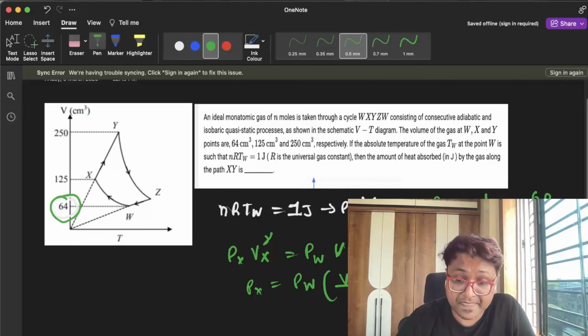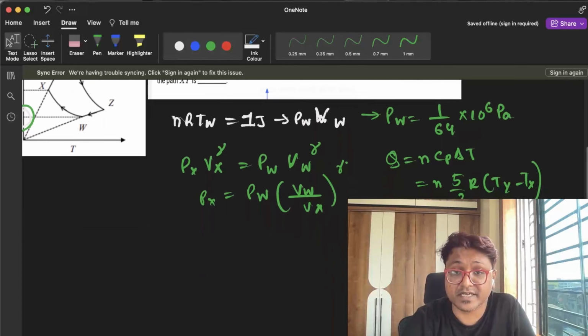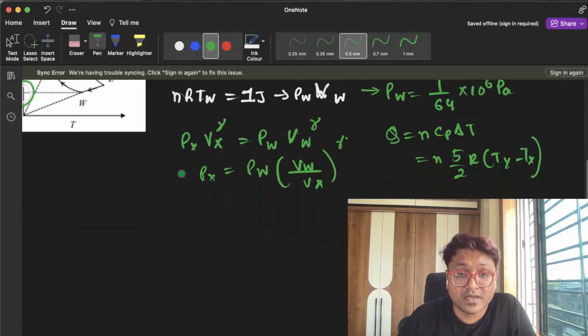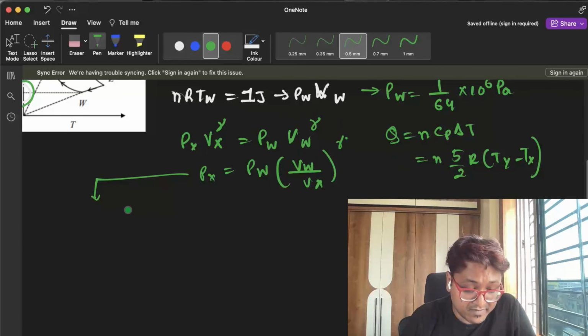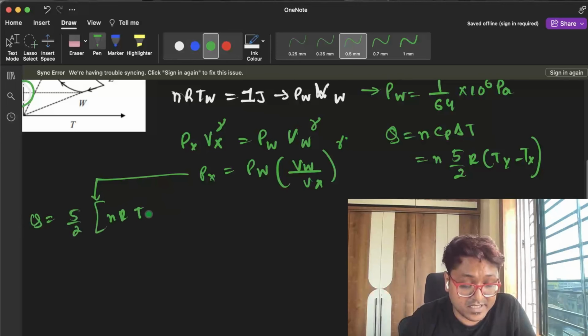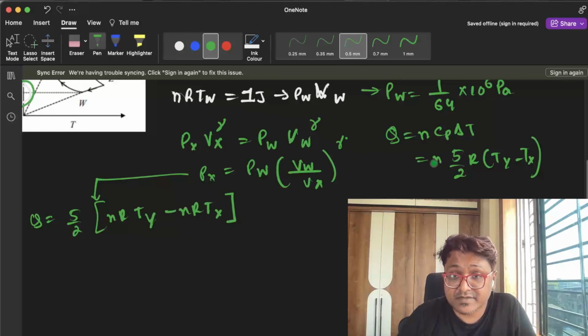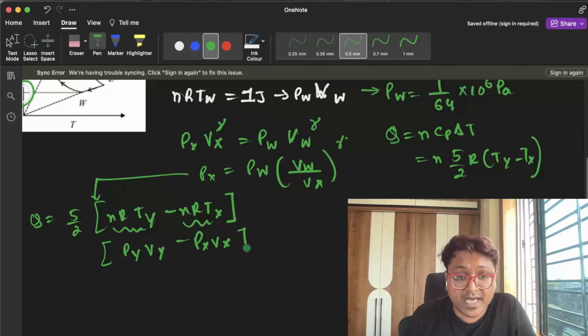So Q can be given as 5 by 2 nRTy minus nRTx. Just multiplying this, nothing else. Now look at this, nRTy and nRTx can be written in the form of PyVy and PxVx. So PyVy minus PxVx, and the 5 by 2 remains as it is. We don't change that. Simple.